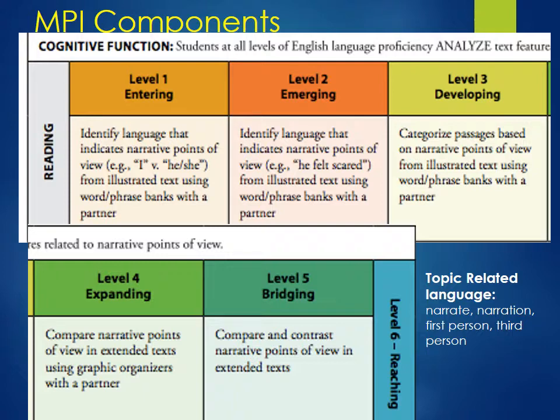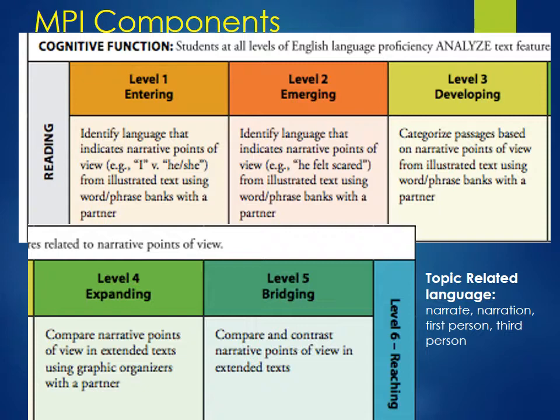So let's take a closer look at a set of model performance indicators. The cognitive function that's going to be expected for this academic task is to analyze. But what's the language function that the student will need to engage in order to show how well he is analyzing?